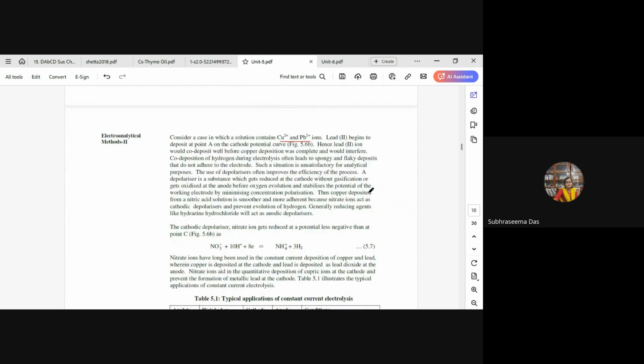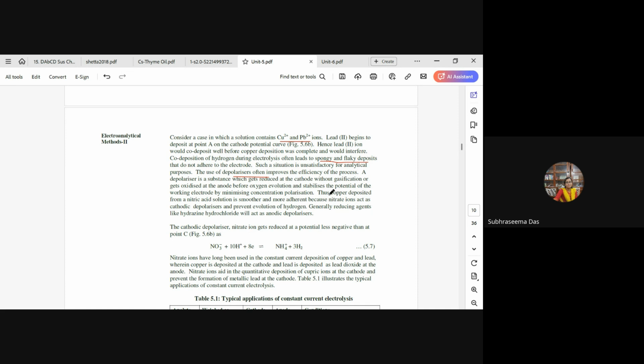If we have a mixture of two ions, then co-deposition of hydrogen occurs in such electrolysis and very spongy deposits are formed. Thus, for such cases which contain two types of ion, depolarizers are used to maintain the efficiency of the process.